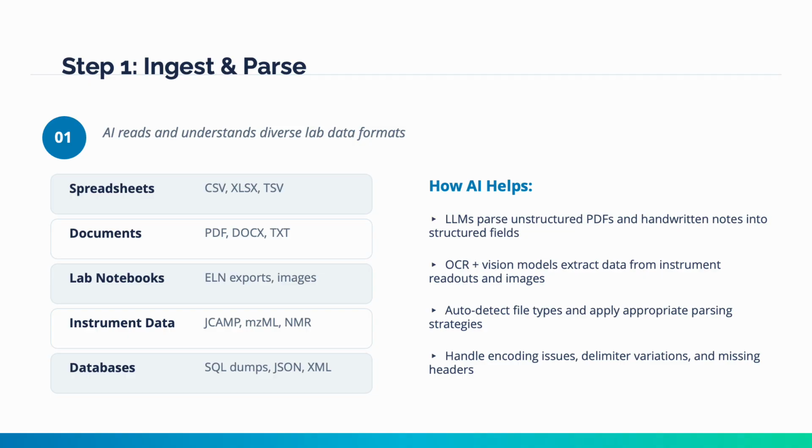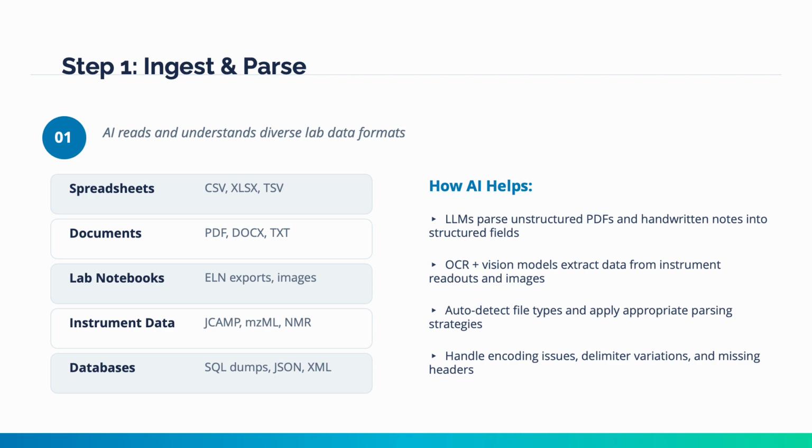Let us walk through the 4-step pipeline. Step 1 is ingest and parse. This is where artificial intelligence reads and understands all the diverse formats in your lab. We are talking about spreadsheets, documents, electronic lab notebook exports, instrument data in specialized scientific formats, and database dumps. How does artificial intelligence help here?